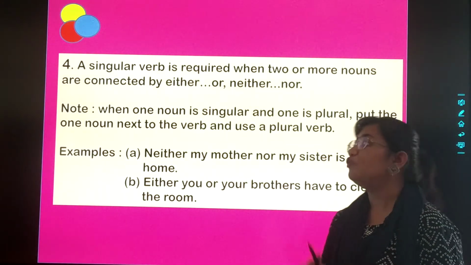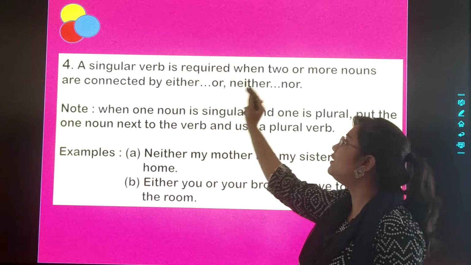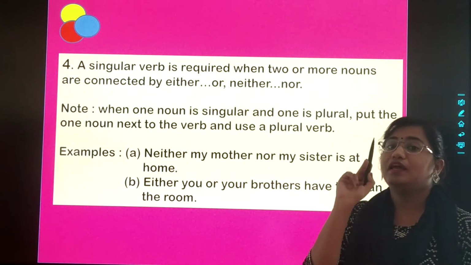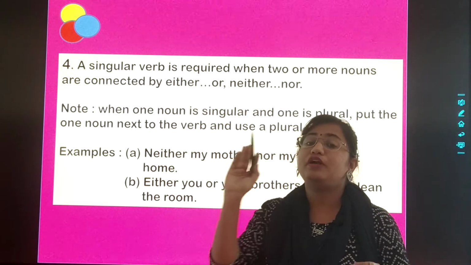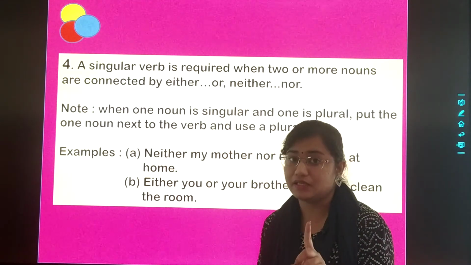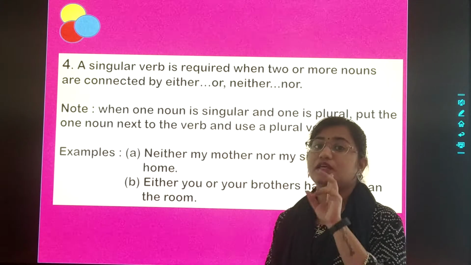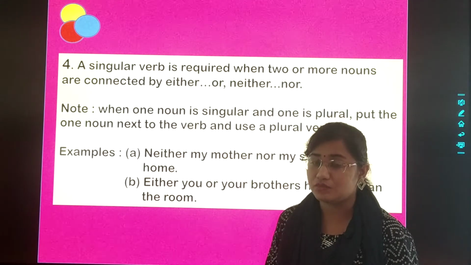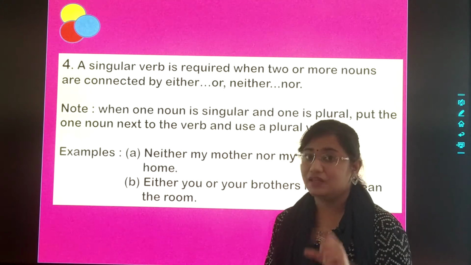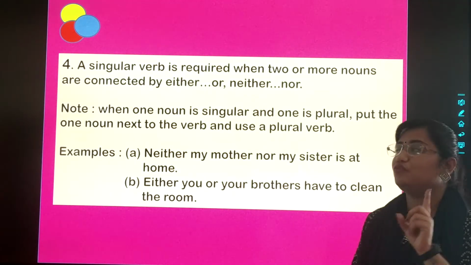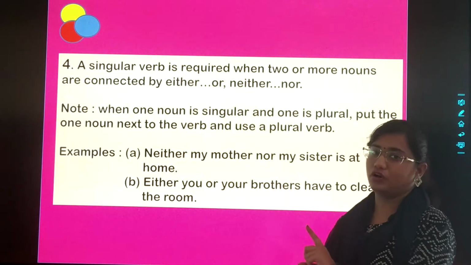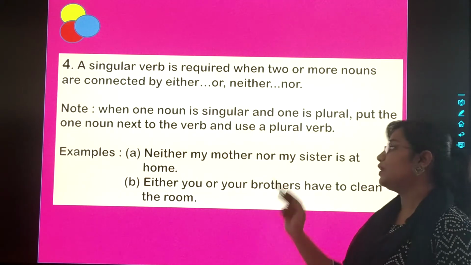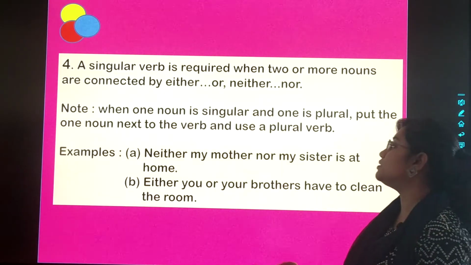Dear children, when we are using these words, they convey two or more nouns which are connected. When two or more nouns are connected, they are connected with the help of either or neither nor. Is it clear? Let us see the examples.